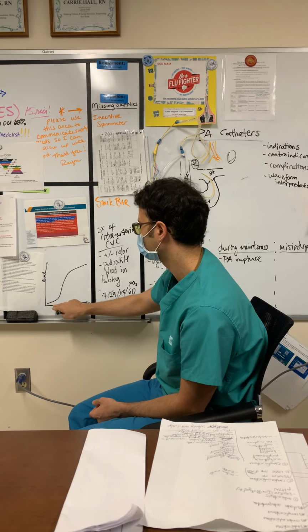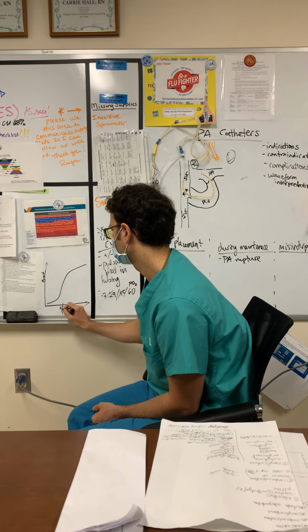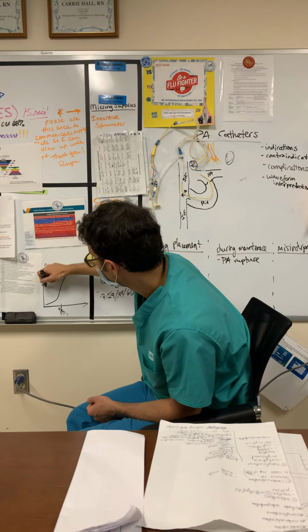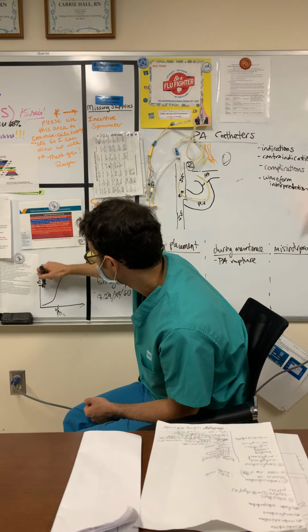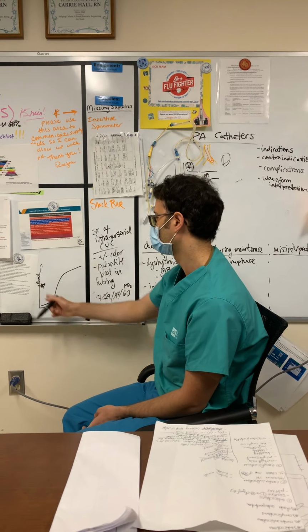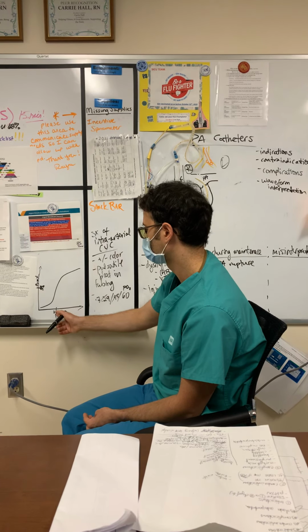When you've got a PO2 of 26 millimeters mercury, that environment results in 50% of your red blood cells being saturated with oxygen, which is called the P50 point of this curve. It is 26.